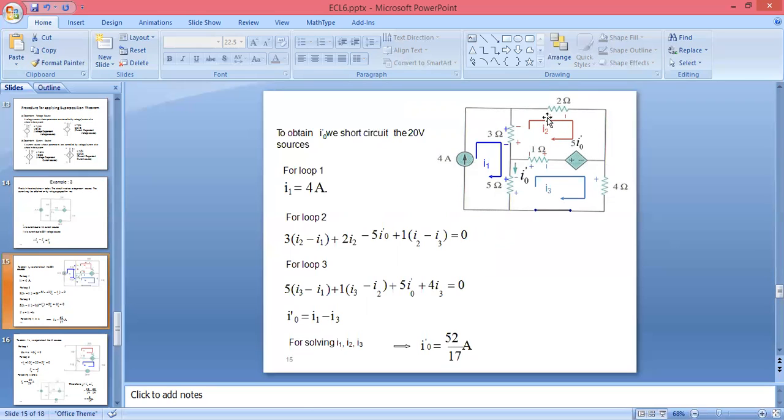In the 2 ohm only I2 is flowing, but in the 1 ohm, I2 is flowing and also I3, but I2 is incoming and I3 is outgoing.